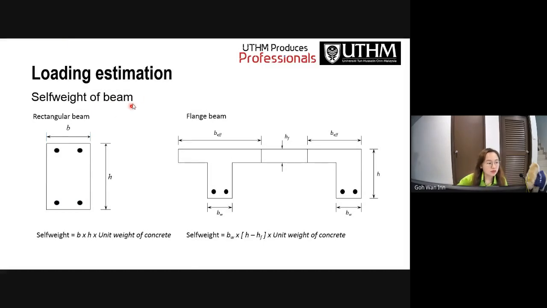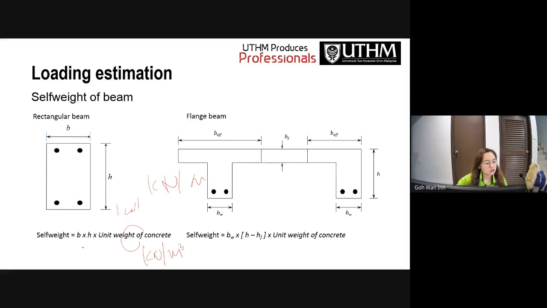Beam. Beam just now I mentioned is kilonewton per meter, right? Okay, beam is, let me get the pen. So beam is kilonewton per meter. That's why unit weight of concrete is kilonewton per meter cube.